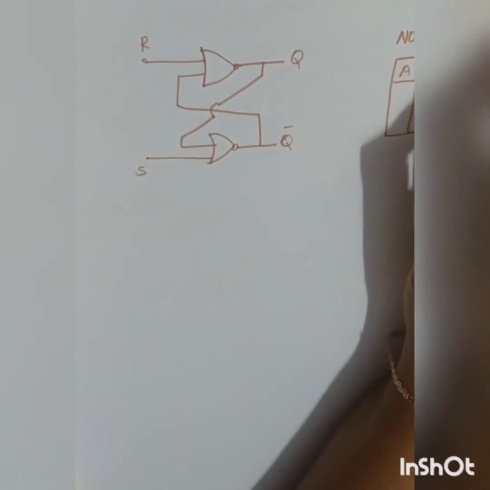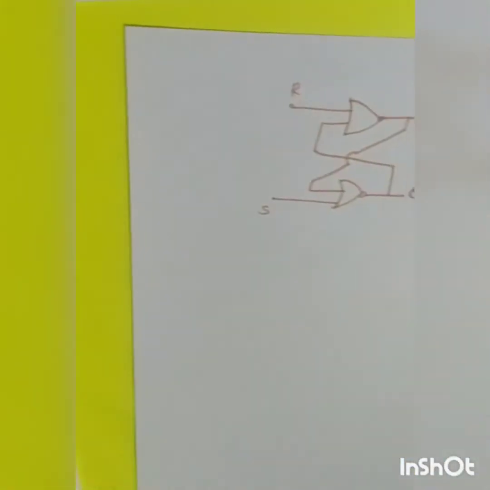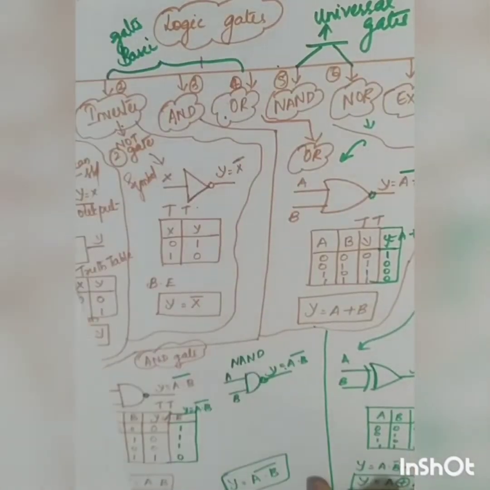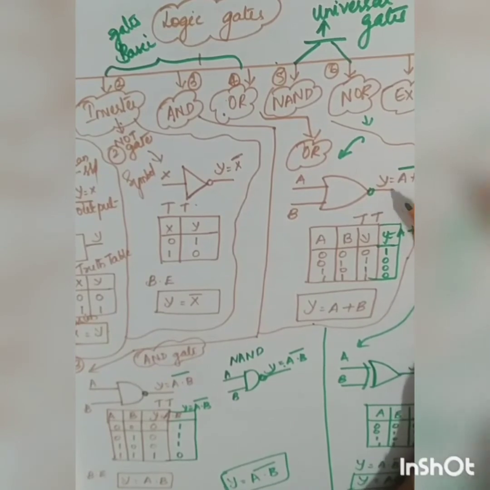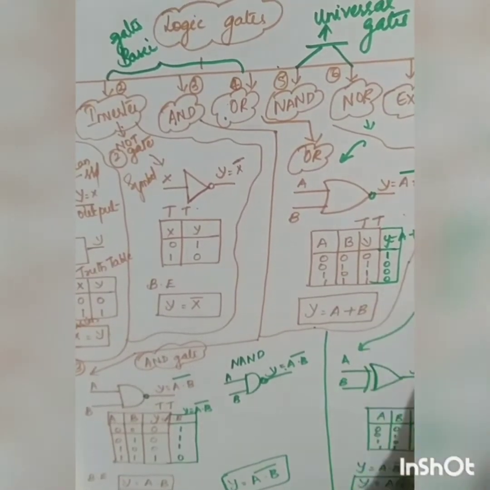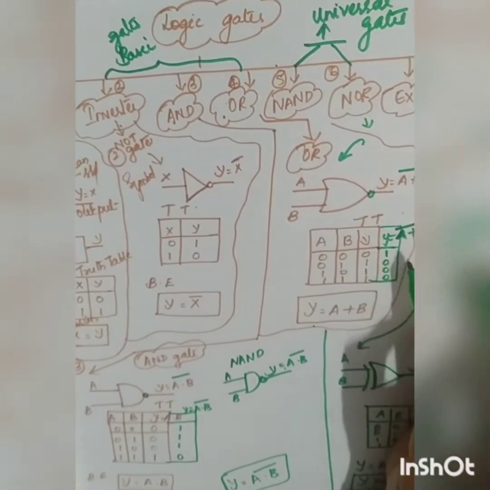A, B and Y. What is a NOR gate? Inverted form of your OR gate. So Y is equal to (A plus B) bar. Let me check the NOR gate expression here. Oh, here I have written A plus B, it is A plus B bar. So what is your truth table?